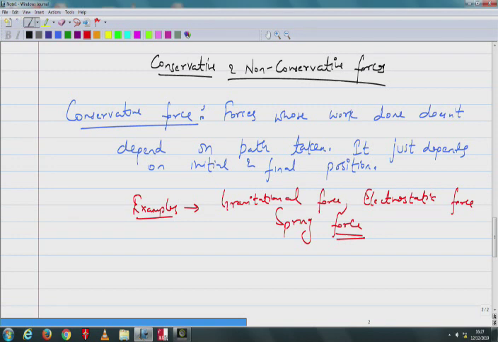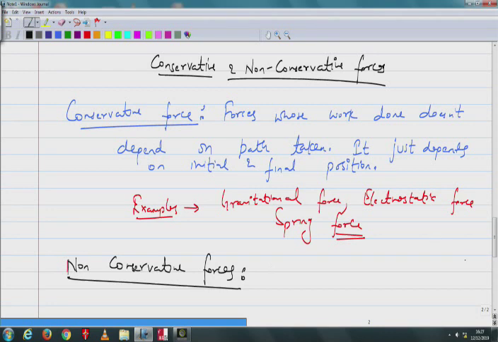Okay. On the other hand, all the other forces are non-conservative forces.